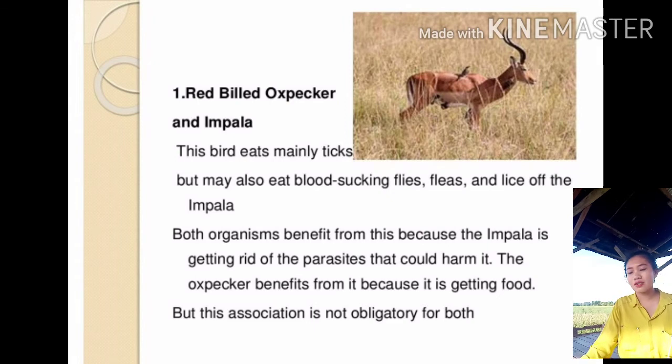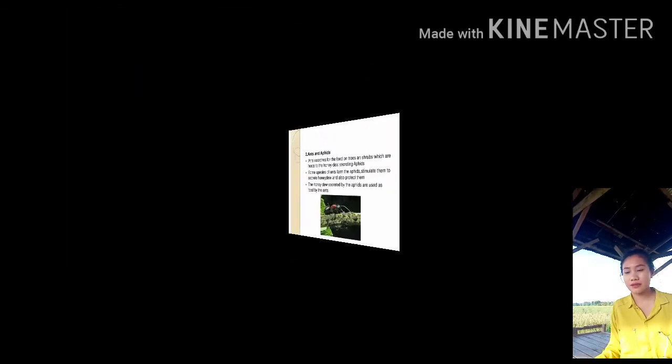But this association is not obligatory for both. They can still live and grow without the bird getting the parasites, and the impala can still survive if the parasites are not removed by the oxpecker. But they just cooperate because it is for their benefit.